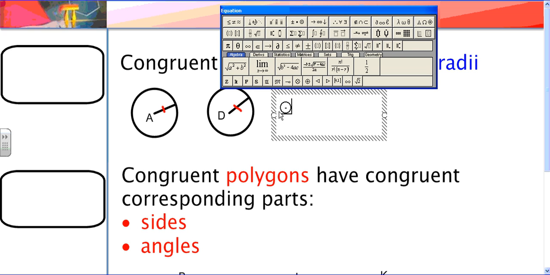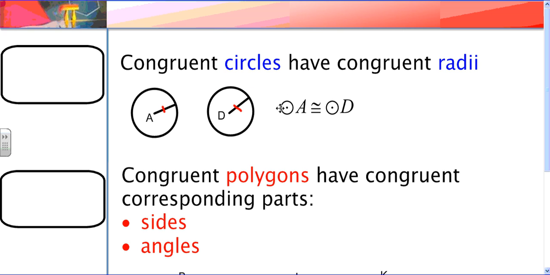See, it's a circle with a dot in the center. So we would say circle A, and then we use the symbol for congruent, circle D. And sometimes we actually tell what the radius is. We might say circle A with radius AX is congruent to circle D with radius DP or whatever. If we knew the endpoint of the radius, we could say that as well.